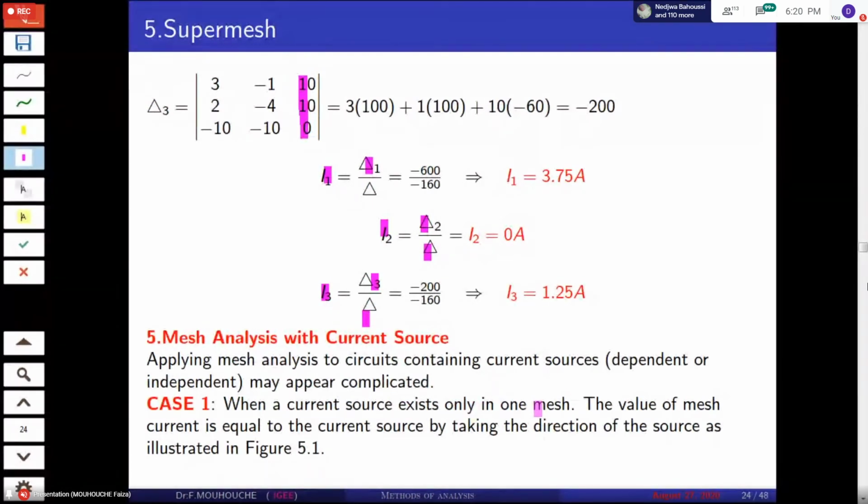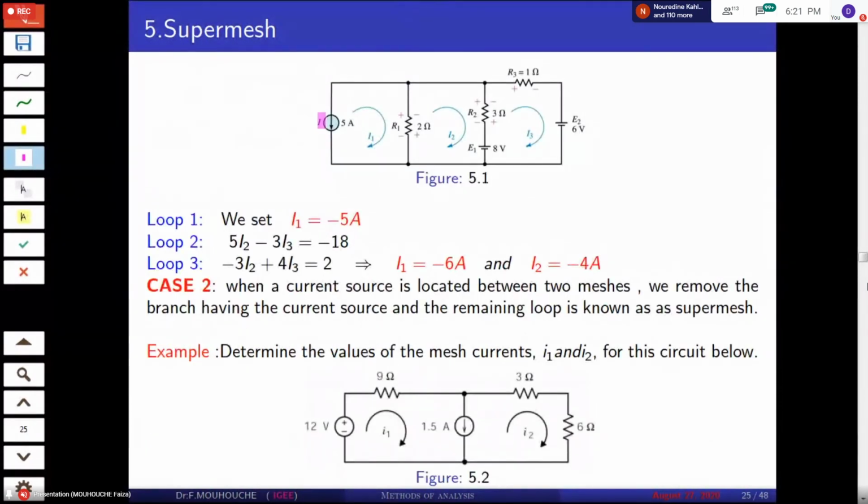The value of the mesh current equals the current source, taking the direction of the source as illustrated in this figure. For example, in this figure, this current source is located in an independent mesh. This is an independent mesh, and this is an independent mesh.